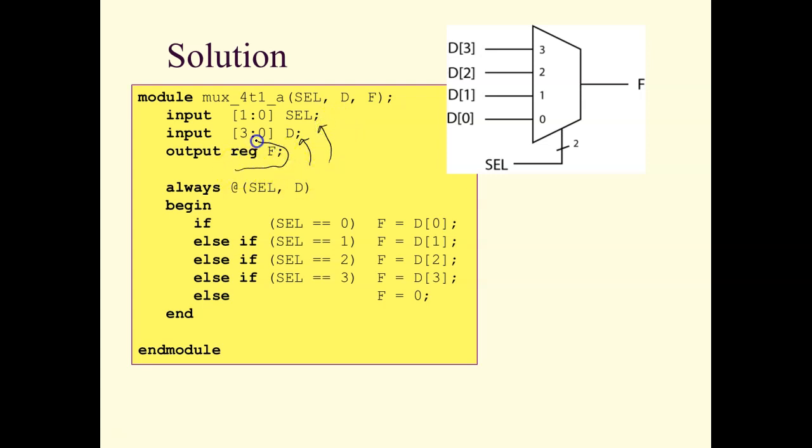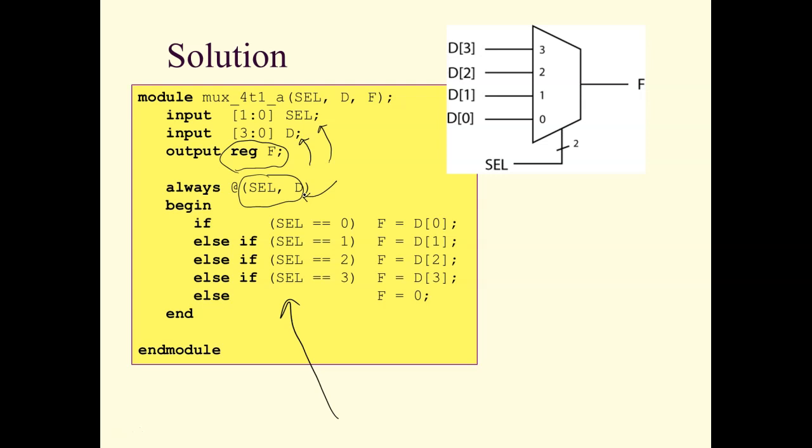There's a single output, declared as a reg because, as you can see, we're going to be assigning that output from a procedural block, which is the always block. Moving on, here's my always block. Here's the sensitivity list, and I've put every single input into that sensitivity list. That's the way I'm going to do this unless I know better.